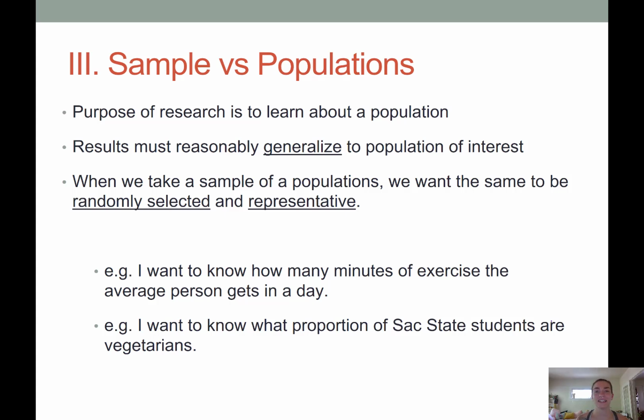So this is exactly what we do as researchers using statistics to understand a population. The purpose of our research is to learn something about the population. So the first thing that we do is we sample from that population of interest. And notice that we want to make sure that when we're sampling, we choose a sample that will most reasonably generalize to the population of interest.